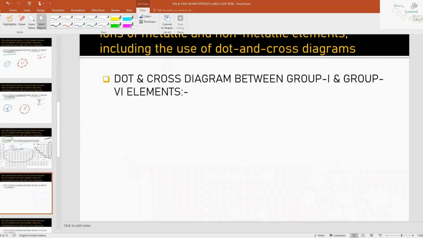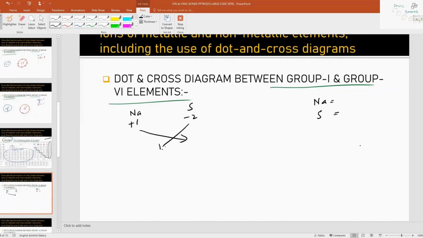A dot and cross diagram between group 1 and group 6 elements. I'm taking sodium from group 1 and sulfur from group 6. First, we'll predict the formula using their valency. The valency of sodium is plus 1, sulfur is minus 2.